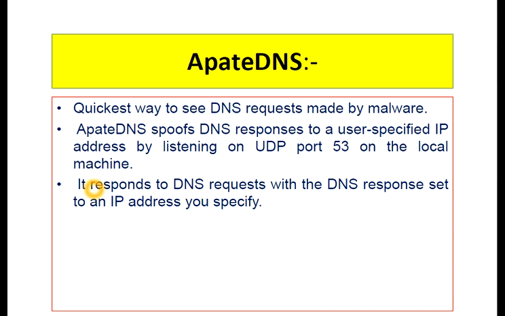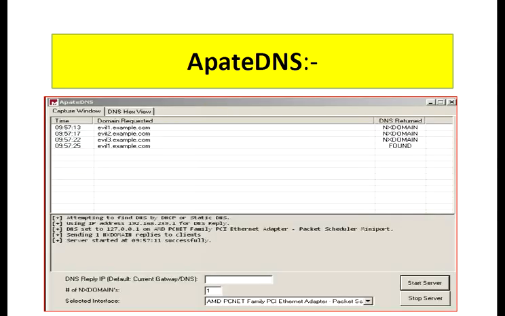And it responds to DNS requests with DNS responses to an IP address that you specify. So that is APATE DNS, usually used to spoof DNS responses.